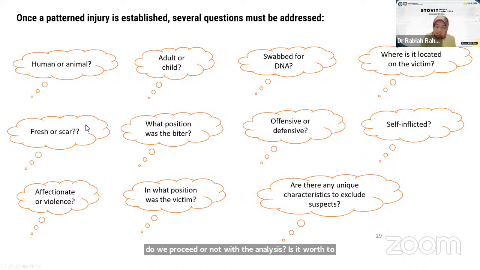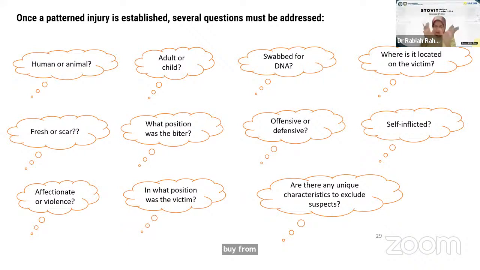Then the position of the biter, we could give an opinion by looking at it. The person could have been bitten from the back, and that will give the picture of the circumstance, because the position of the biter can give you the idea, oh, this may be an act of self-defense rather than an act of attacking.